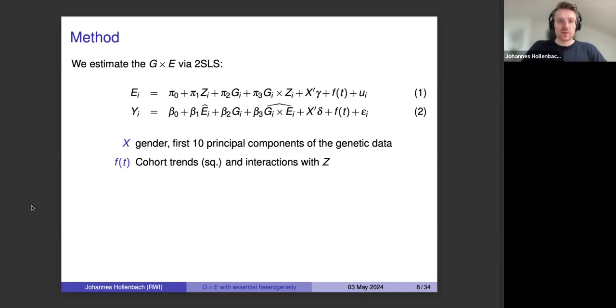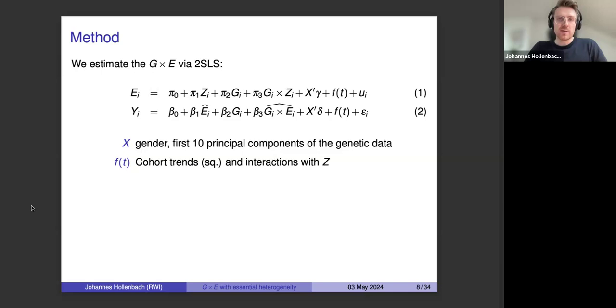Equation 1 is the first stage where our educational parameter is explained by the instrument, so being born in 1933 or later, the genetic component having high polygenic score or not, and the interaction term. The residuals of E and G by E are then plugged into the second stage to induce a random variation in E and G by E and estimate the effect on Y, our outcome, diabetes.